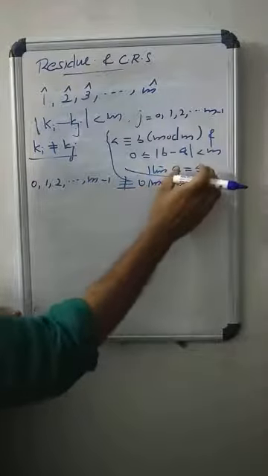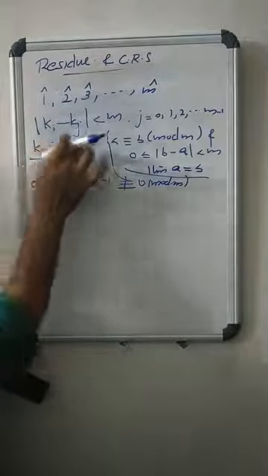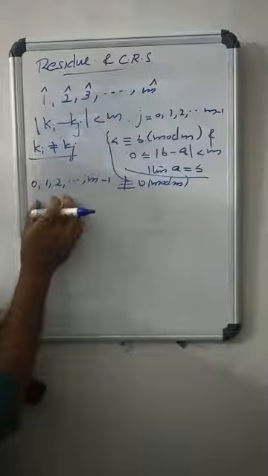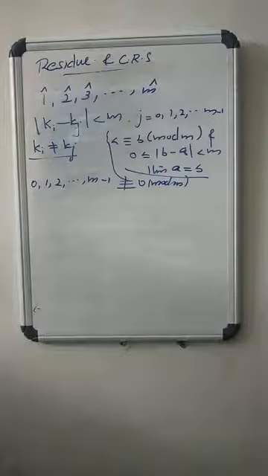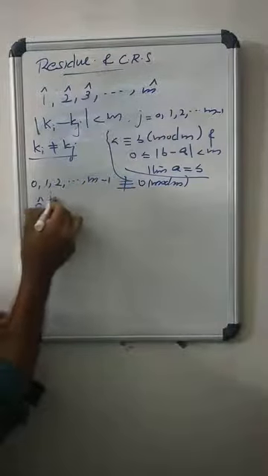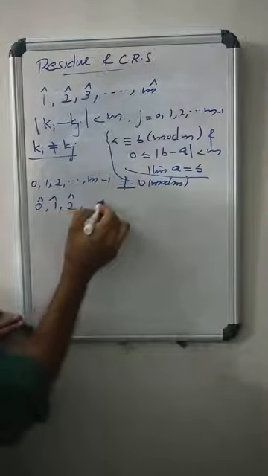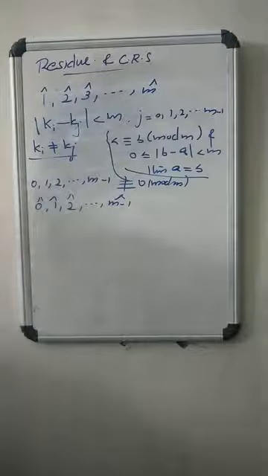When ka differs from kj, for j ranging from 0 to m minus 1, then 0, 1, 2, etc., m minus 1 are incongruent mod m. These are incongruent mod m means 0̂, 1̂, 2̂, etc., m minus 1 hat are strictly disjoint.